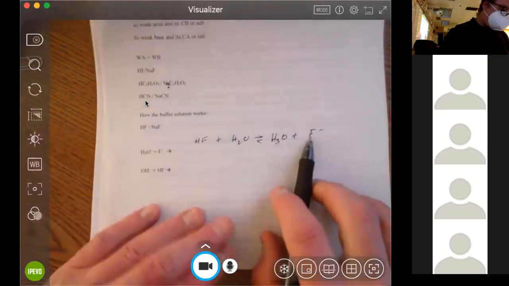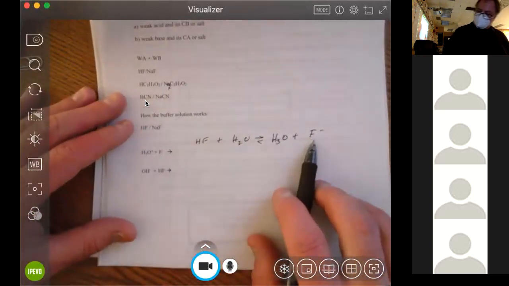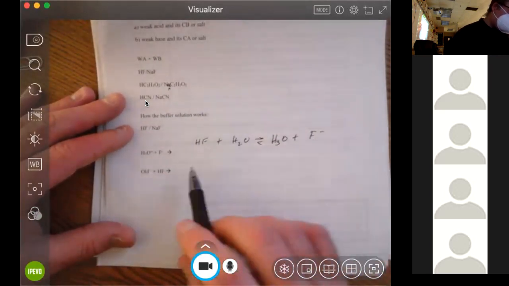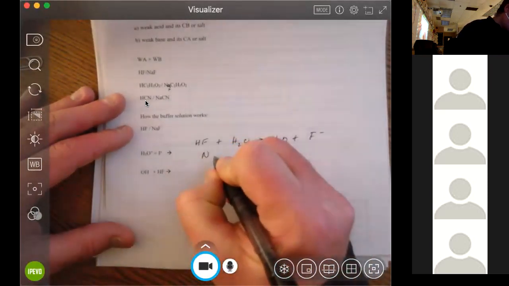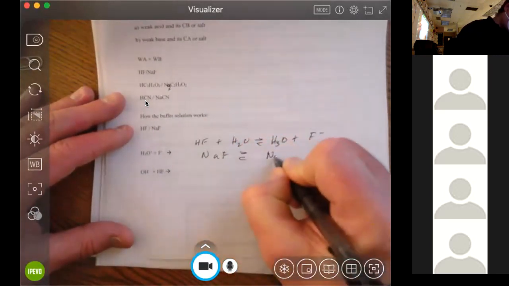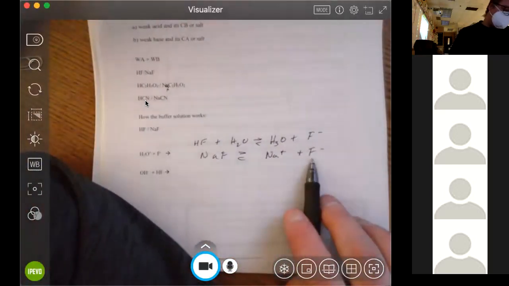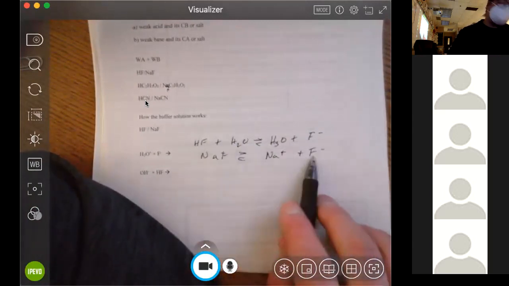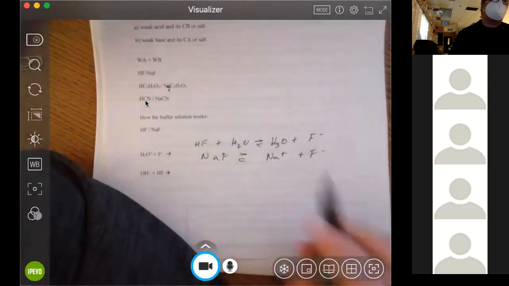Now, if we have F negatives, and we're dealing with our equilibrium, we can see that that is going to basically pick up H's as we add more H, if we already have an F negative in the system, because we have NaF yielding Na plus and F negative. If we already have this in the system, then either the H's will be picked up by this F negative, or it won't move in that direction as much.